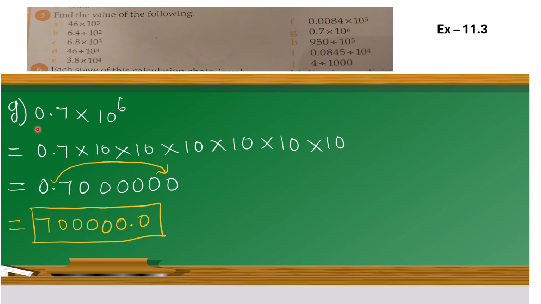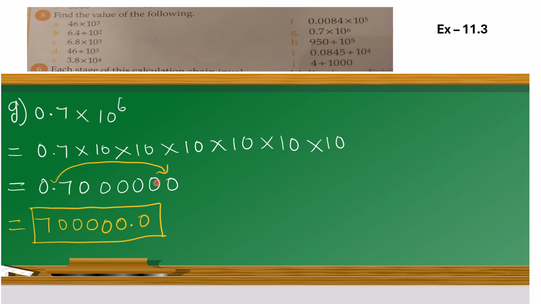G sum, 0.7 into 10 power 6. So 0.7 into 10 power 6, right? So we can write that as 10 into 10 into 10 into 10 into 10 into 10. Okay, how many zeros are there? We have 6 zeros. So just add the zeros to the end of the number. Okay, now what we have to do?